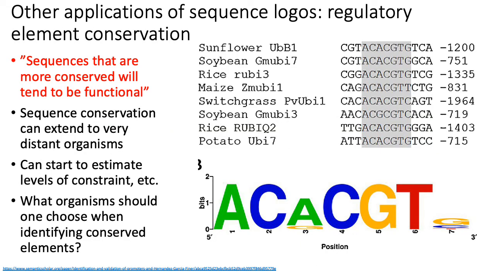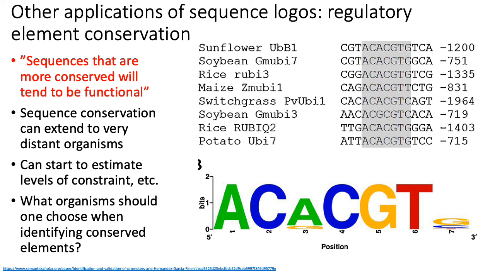And finally, sequence logos are oftentimes also used to look across multiple genome alignments to identify, for example, conserved regulatory elements. And therefore, within those conserved regulatory elements, again, they may be used to identify key bases that are bound to by transcription factors. And so here, for example, I'm just showing an alignment of soybean and rice and sunflower, where the sequence alignment and the corresponding sequence logo tells you about the relative conservation of different bases at different positions in the sequence alignment.